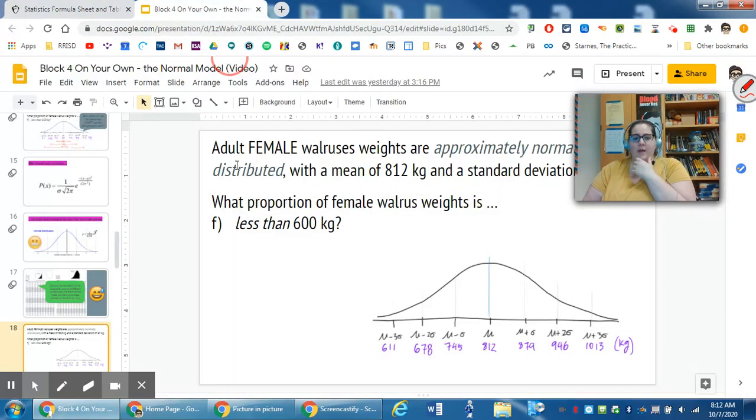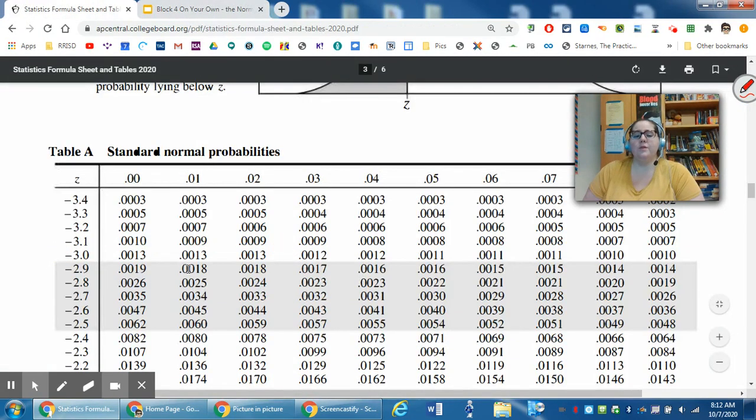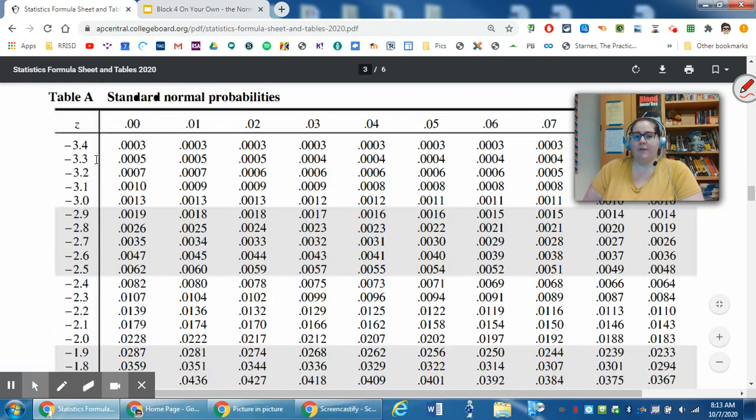So what I would do, my z-score again was negative 3.16. So what I'm going to do is look up that z-score by looking at the left-hand column and the upper row. So I'm going to look for the first decimal place first. So I'm looking along my left-hand column for negative 3.1, which is right here. And then the upper row is getting us that second decimal place. So we want negative 3.16. So I'm going to go over to this 6 column, and then I'm going to line that up.